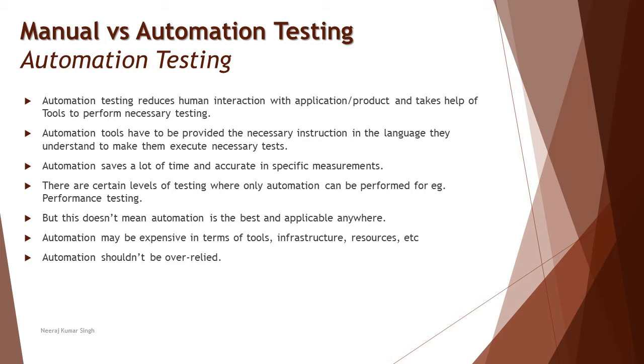Similarly, there are a lot of other technical levels you perform, like portability, recoverability, adaptability and interoperability, where these tools are very useful and helpful to do the necessary work.